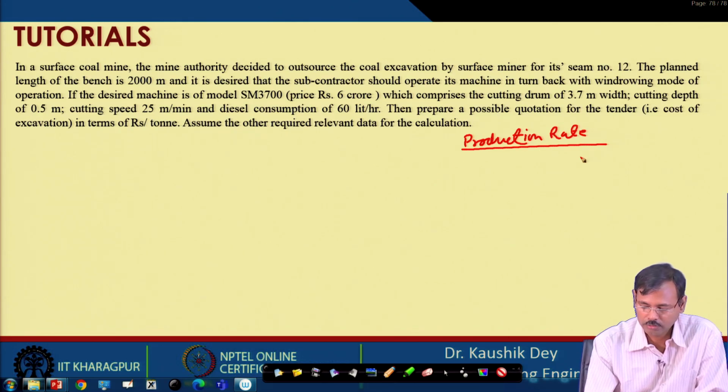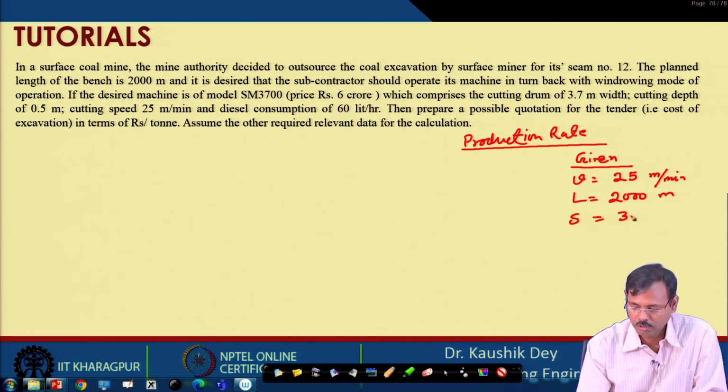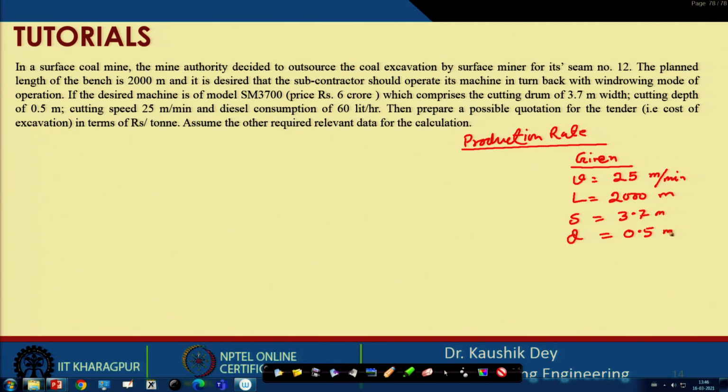The given data is: V is given as 25 meter per minute, L is given as 2000 meter, S is given as 3.7 meter, and cutting depth D is given as 0.5 meter.